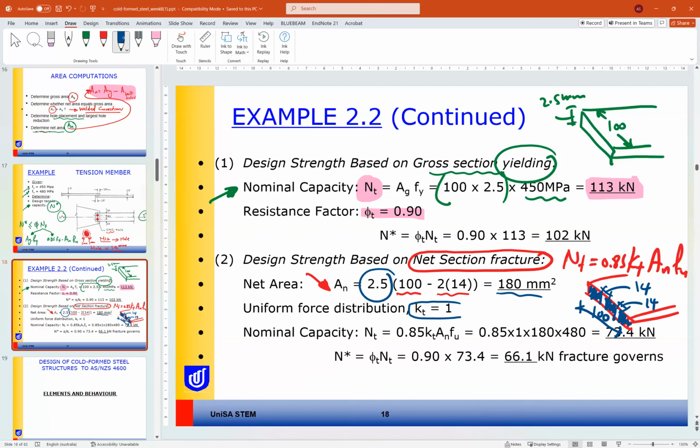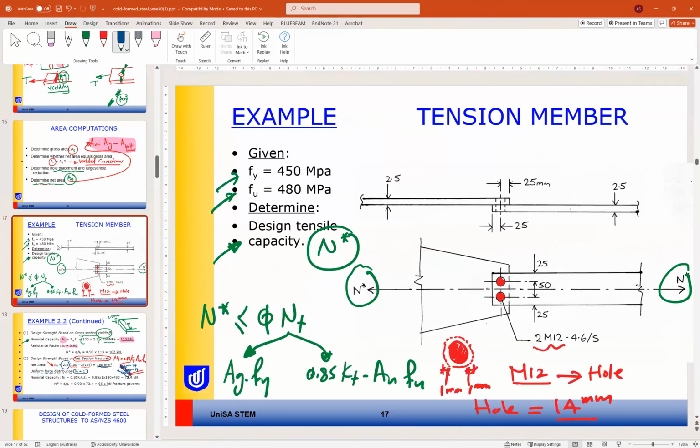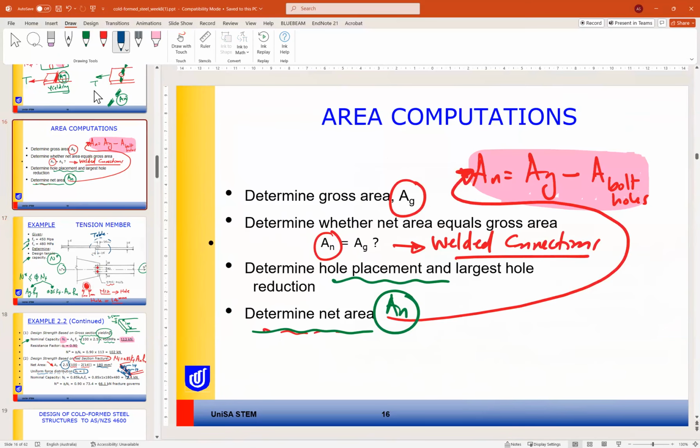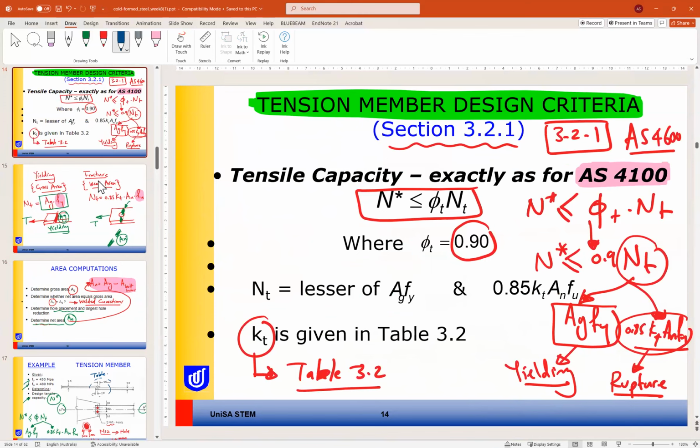Because, from the table, uniform force distribution, because actually there is not much eccentricity between the applying of the load on the two plates, or if we don't know, we can go to the table here, table 3.2 to find it.